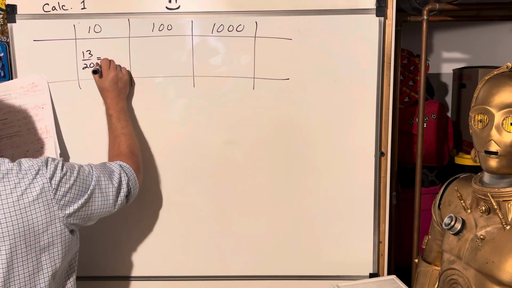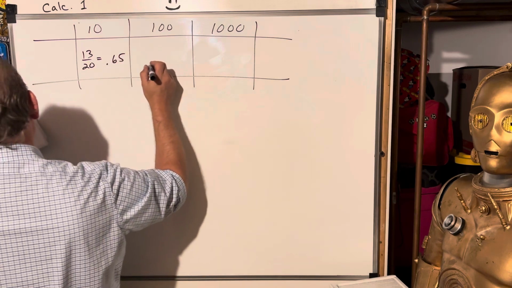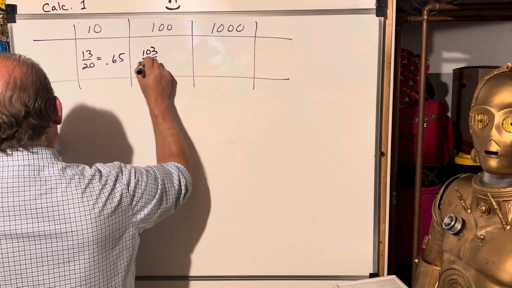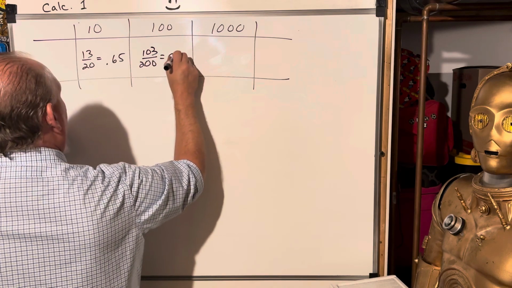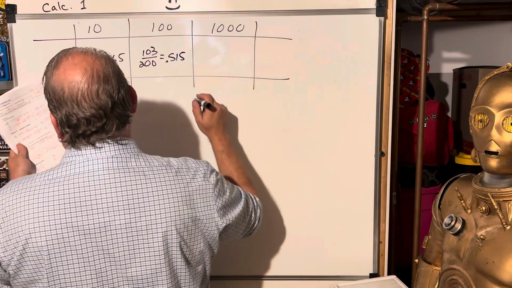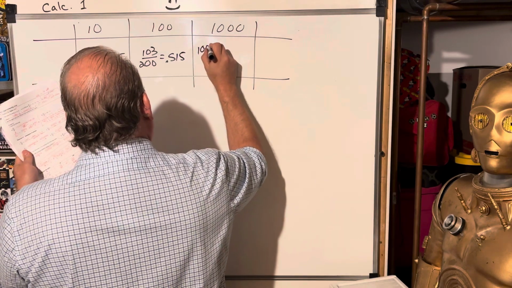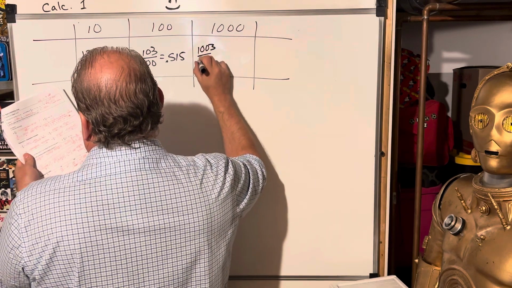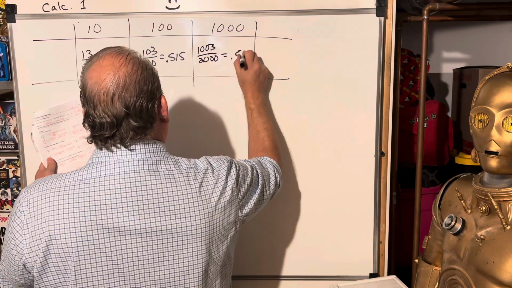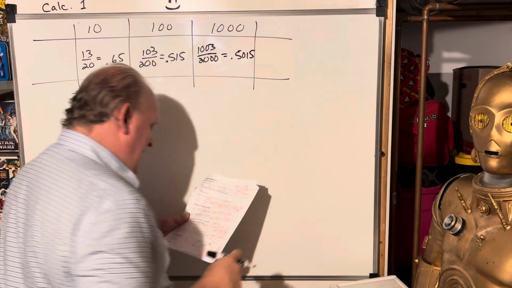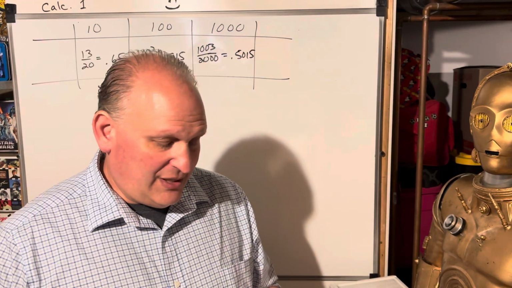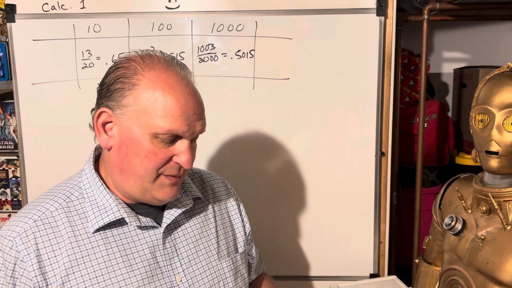13/20ths is 0.65. You go to 100, that's 103 over 200, that's 0.515. And 1,000, that's 1,003 over 2,000. That's 0.5015. And again, you could say, okay, if this were going infinitely large, what would it be approaching?